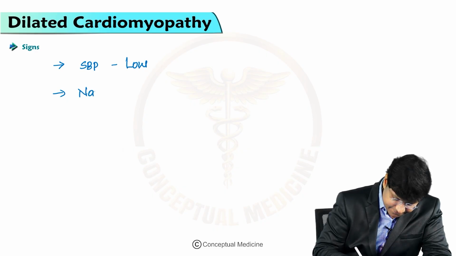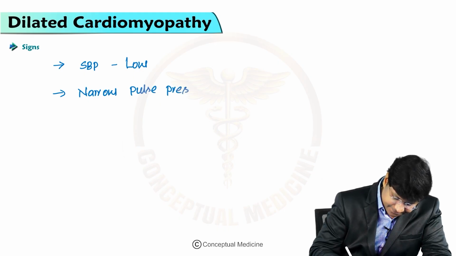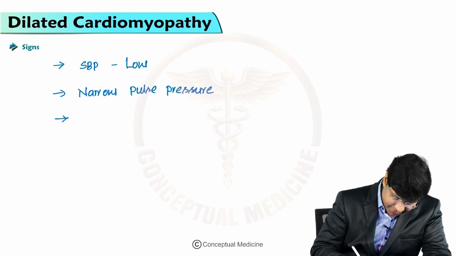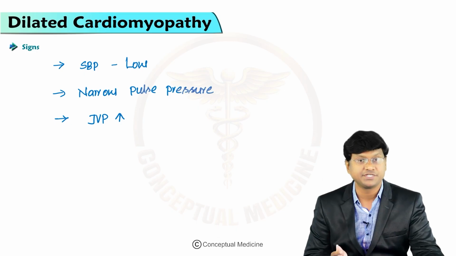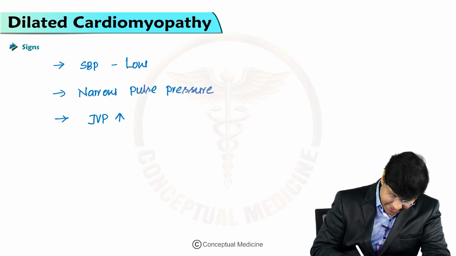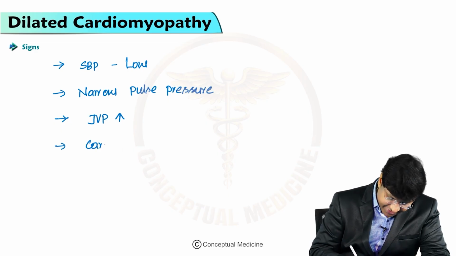They will have narrow pulse pressure, right? And what will happen to the JVP? The jugular venous pressure is raised. That is the feature of right-sided heart failure. And there will also be cardiomegaly.